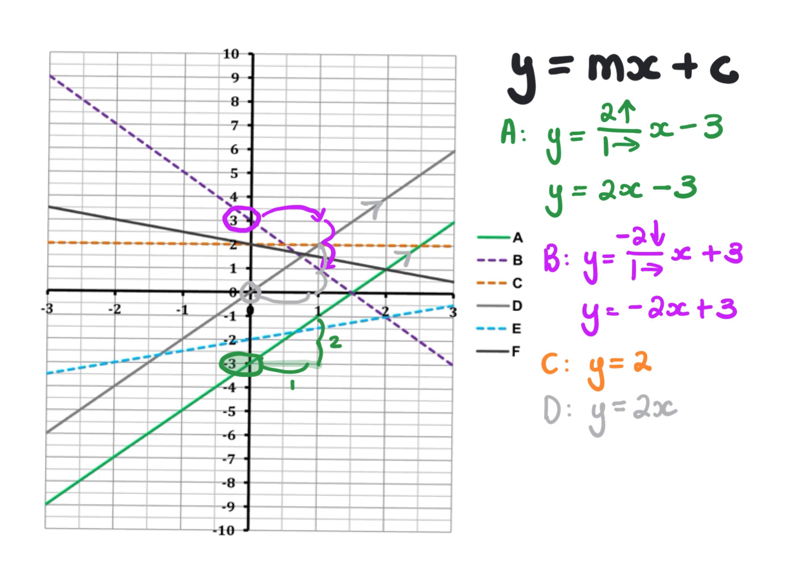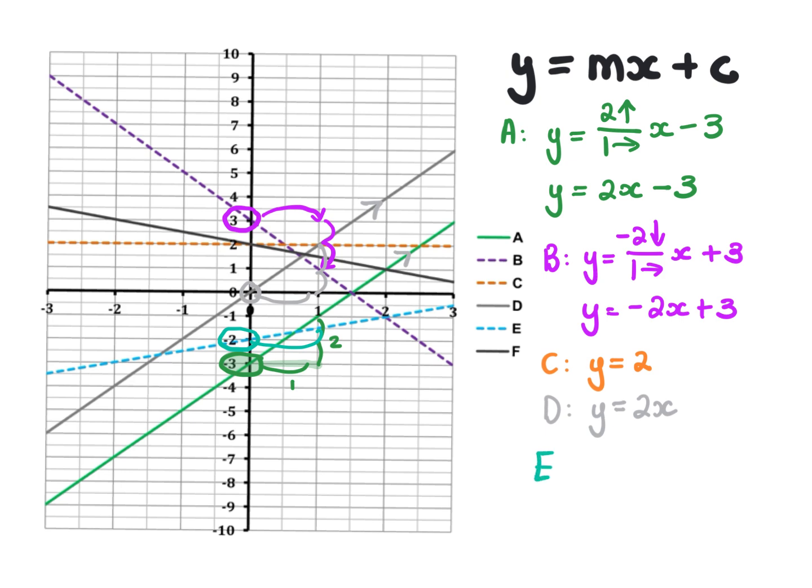E is my light blue line, so let's go and see what's happening there. My y-intercept is negative 2, and then for every 1 across, it goes a half up. Ooh, that is strange. Let's write that down.